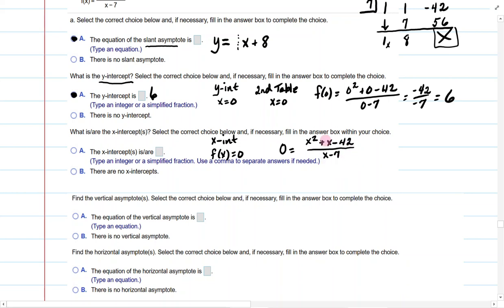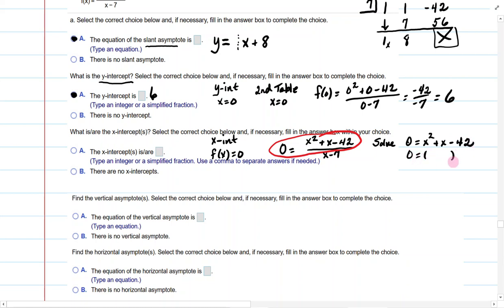A fraction is equal to 0 if and only if its numerator is equal to 0. So now I need to solve 0 is equal to x squared plus x minus 42.